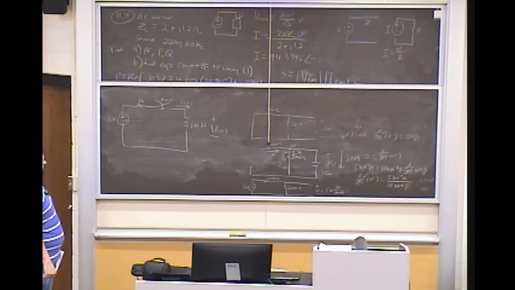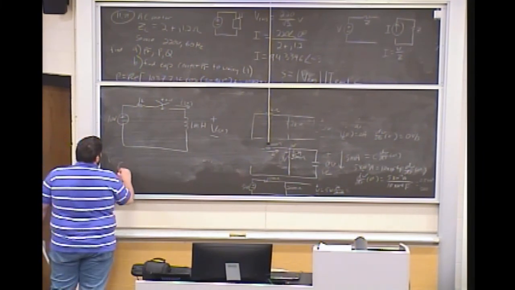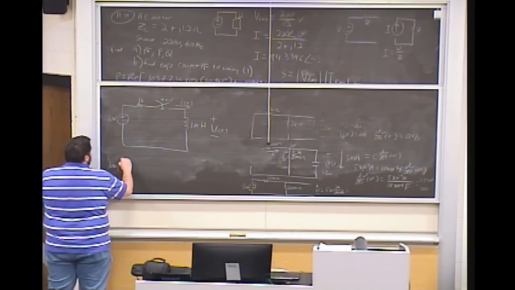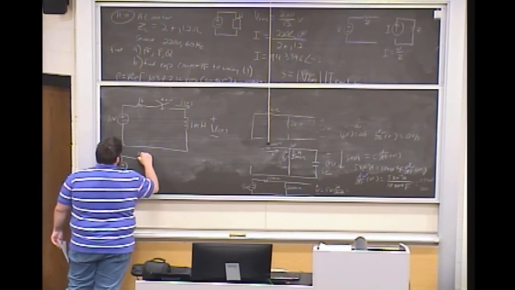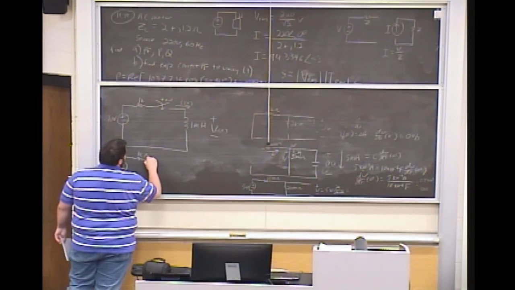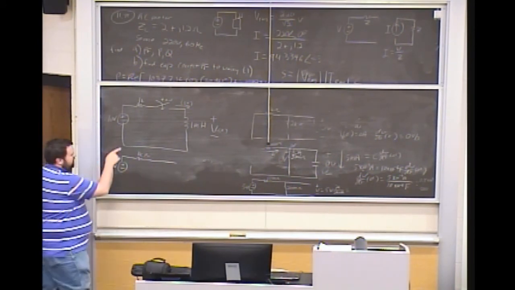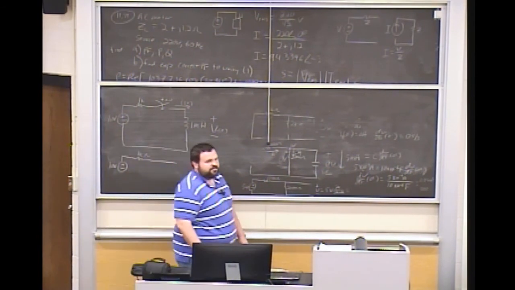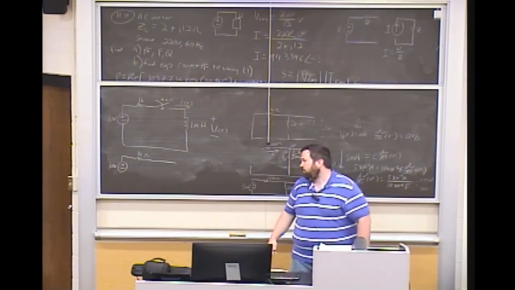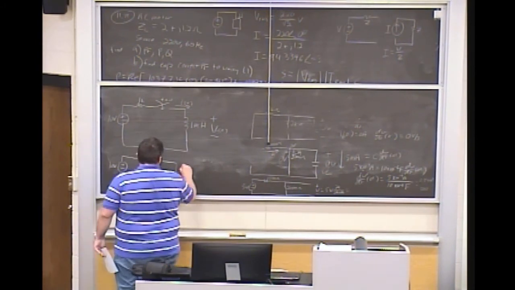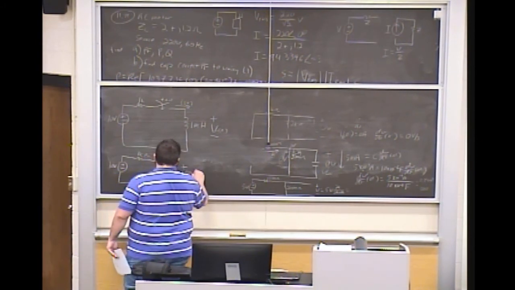Well, let's think about what this is going to behave like as t goes to infinity. This is going to be a 10 volt source. You're going to have a 1K resistor here. This is now shorted. The switch is now closed. What does an inductor behave like at DC steady state? Short. This is V at infinity.